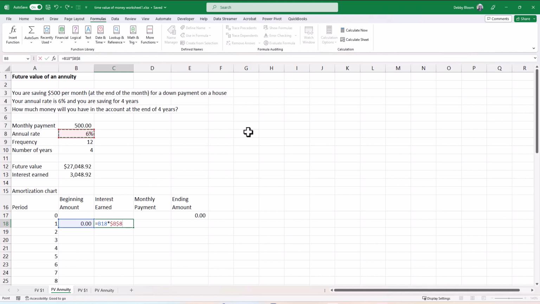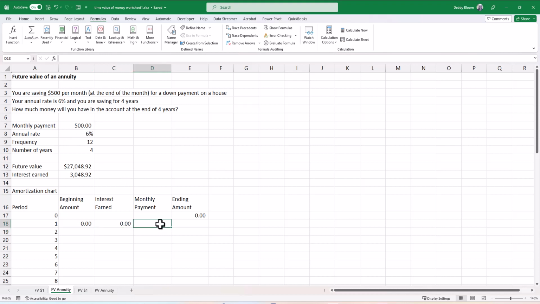You can either type them in, use your F4 key, or Command T if you're on a Mac. Principal times rate times time, so we're going to divide by B9, and the B9 must be $B$9, and if it doesn't work, you can always type the dollar signs. So now we have beginning amount multiplied by our interest rate divided by our time factor.